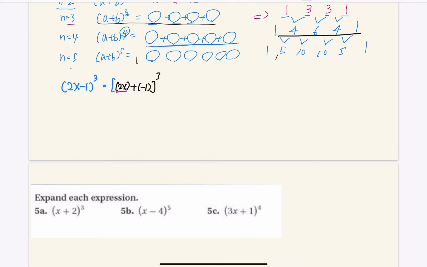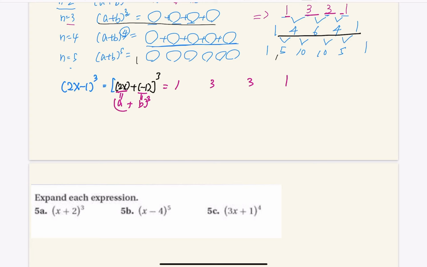And then take parenthesis 2x as a and parenthesis negative 1 as b. So this is (a + b) to the 3rd power. Because n is 3, we're going to use these 4 numbers: 1, 3, 3, 1.